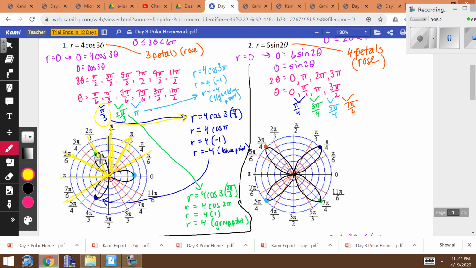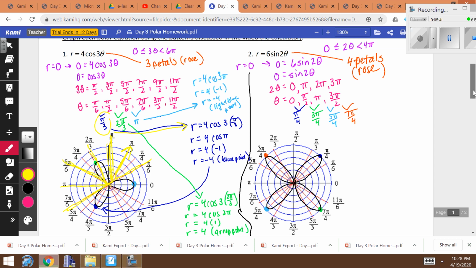So it's going to show up over here in green. And then the last one would be 0. But again, I don't need to do that one because it's just going to be a repeat. That's going to be at positive 4 going in that direction there. So again, that's why I just stuck with those first 3 because I knew that those were our only 3 petals there.